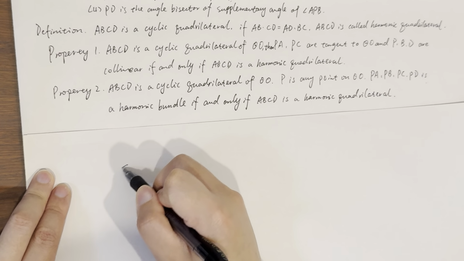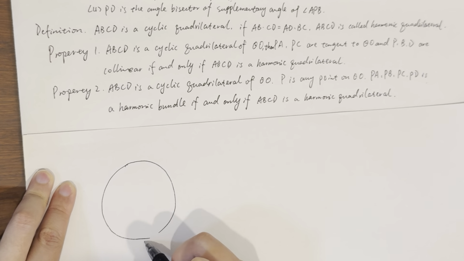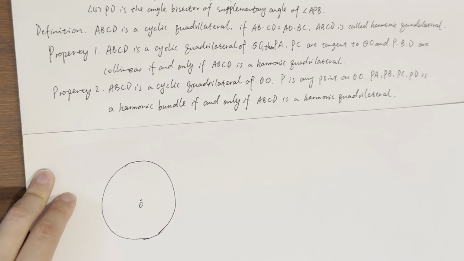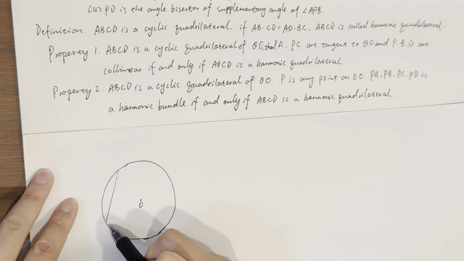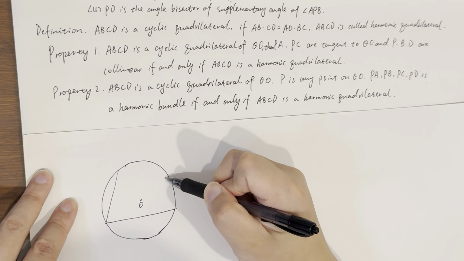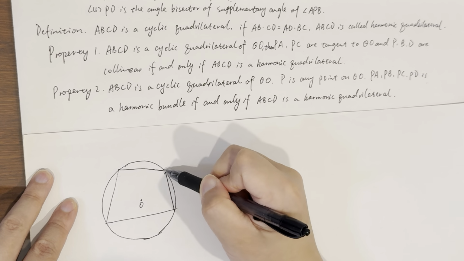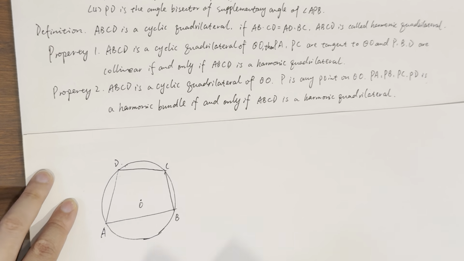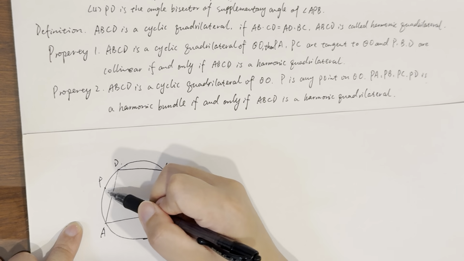So first we have circle O here, and say we have A, B, C, D here. And we have point P here.